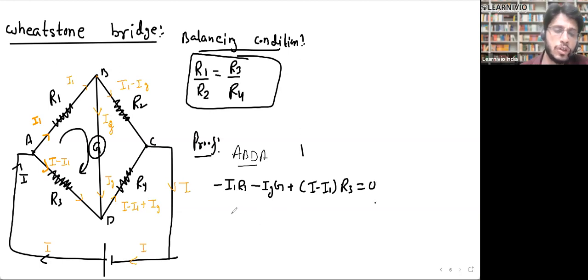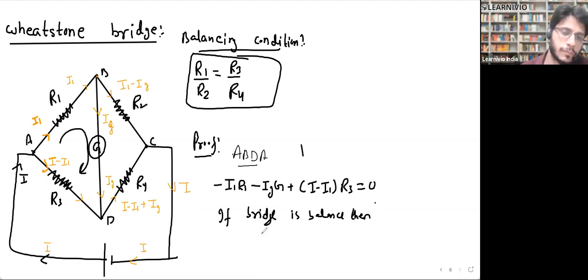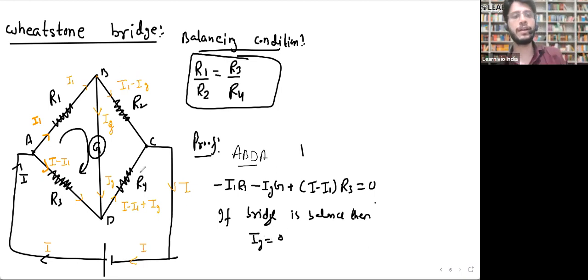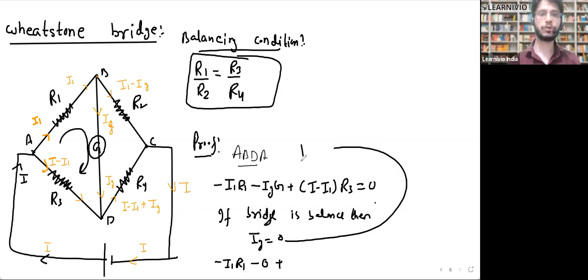That's my first equation. So if bridge is balanced, Abdullah, which current will reduce to 0? Sir, IG will reduce to 0. Bridge is balanced means B and D points are at same potential. That means no current will pass through IG. So IG will be 0. So if I put IG equal to 0 here, I will get minus I1 R1 minus 0 plus I minus I1 into R3 is equal to 0.